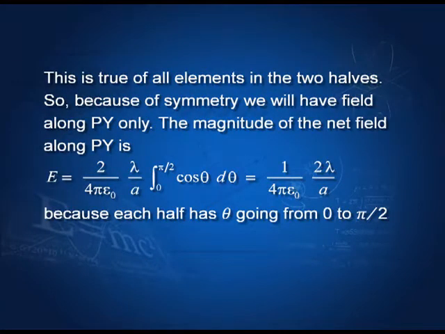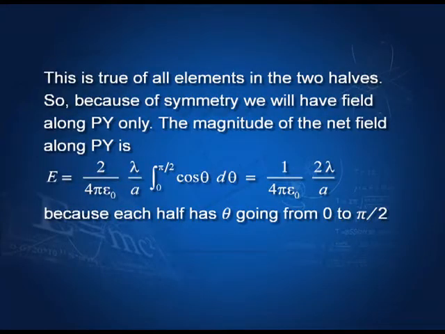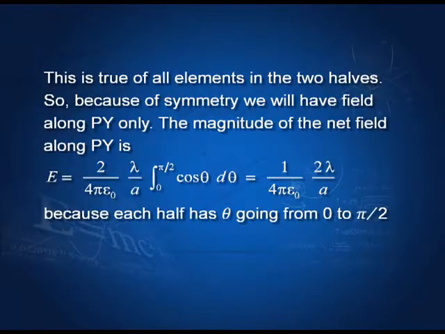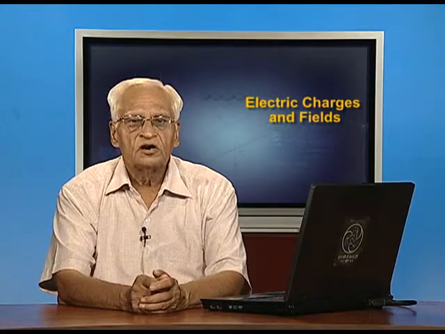Therefore, it is 2 into 1 by 4 pi epsilon 0 lambda by a into the integral from 0 to pi by 2 of cosine theta d theta, because cosine theta is the component that does not vanish. So, we can calculate and it gives us this, because each half has theta going from 0 to pi by 2. The magnitude of the intensity is 1 by 4 pi epsilon 0 2 lambda by a.